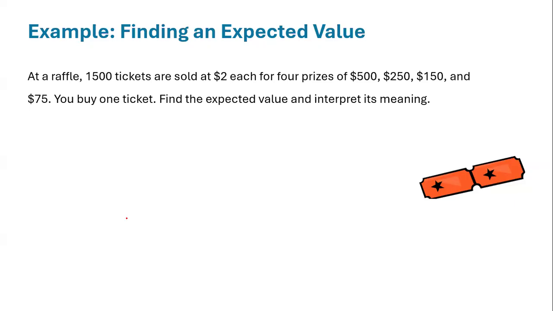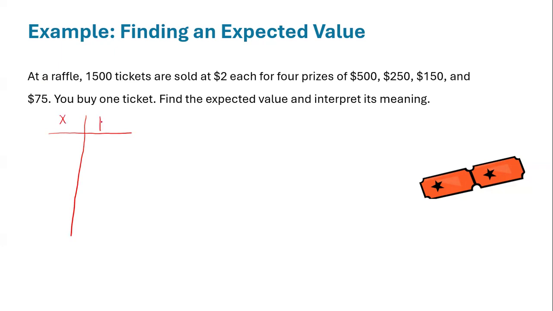You buy 1 ticket. Find the expected value and interpret its meaning. Before we find expected value, we need to create the probability distribution, and it must have x and p of x.